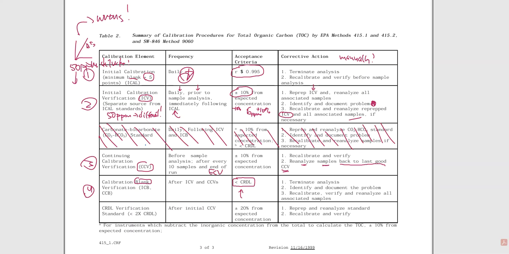Notice it says after the ICV and CCVs. Folks, the reasoning here is that the blank should actually not carry any contamination at all. And if it does carry contamination, then we question how much will it carry?